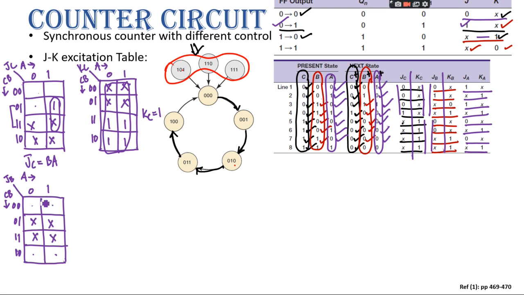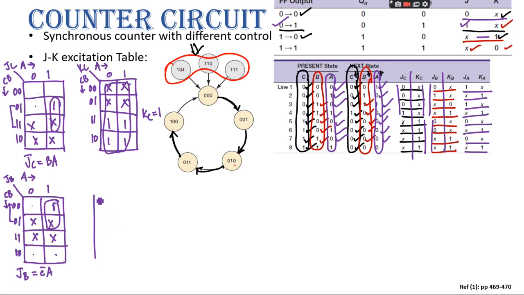Oh, sorry, 0 1 here, right? Yes, sir. Don't care, and then 0 0 don't care. So how can we combine them? We can take these two, right? So my JB should be C bar A, right? Yes, sir.